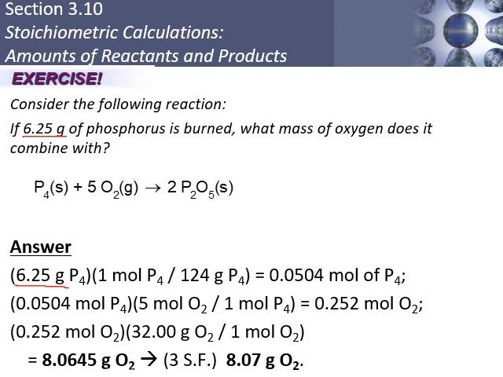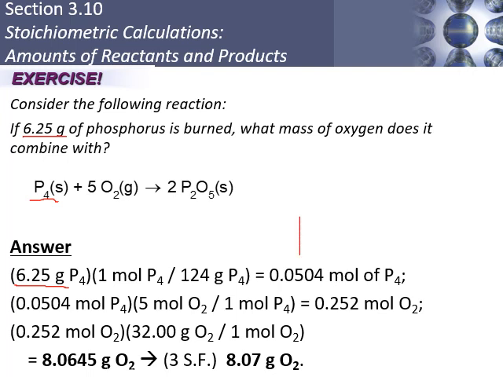Right, okay, so we divide how much we have by how much 1 mole weighs. So 1 mole of P4 weighs 124. How much do we have? 6.25 grams. So 6.25 grams divided by 124 gives us the number of moles, which is what we want.